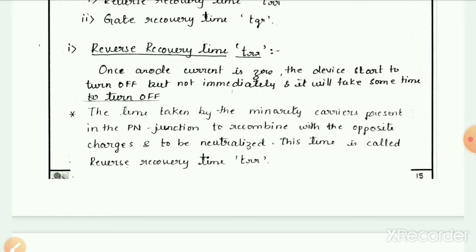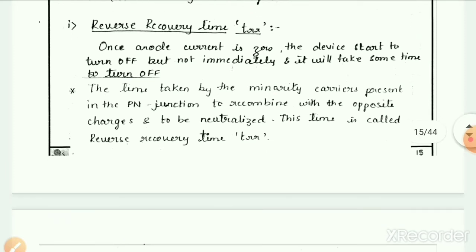The time taken by the minority carriers present in the PN junctions to recombine with the opposite charges and neutralize them is called the reverse recovery time of your silicon controlled rectifier.